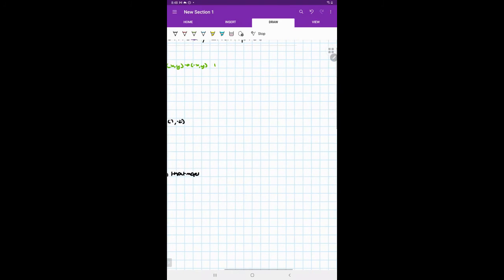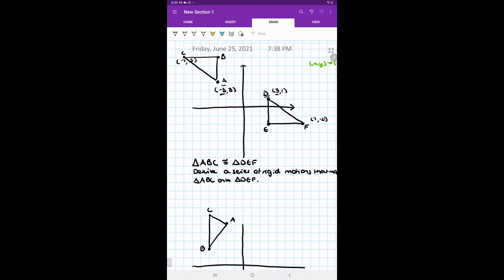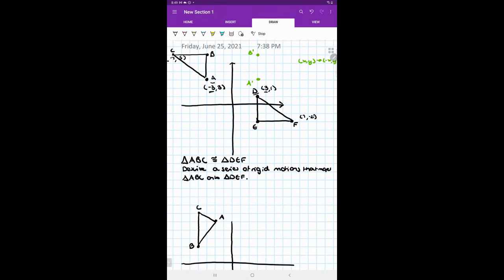So the first thing I said is reflect across the y-axis. The triangle that comes from this intermediary step, this would be, let's call it A prime. This would be B prime, and this would be C prime.